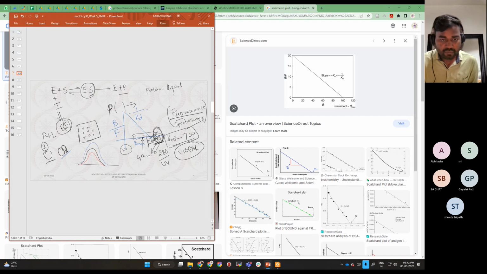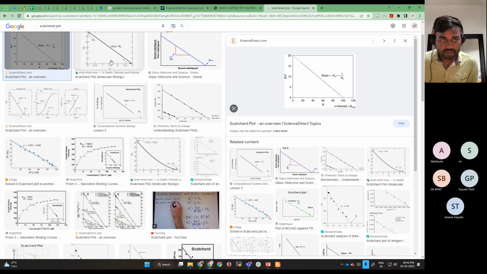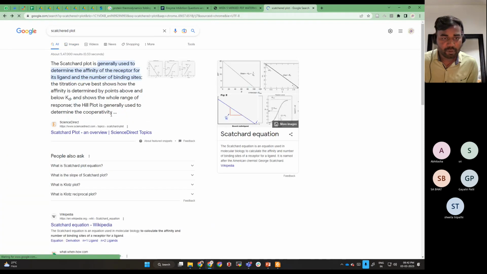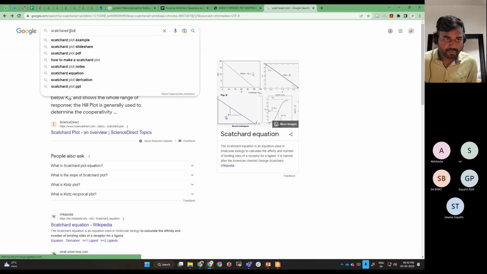K is the association constant, the binding affinity, and KD is the dissociation constant, meaning the molecule is dissociating from the interaction. Is it understood? Now everyone has understood what the scatter plot is, and normally it is used in understanding protein-ligand interaction. I will show you the equation also.